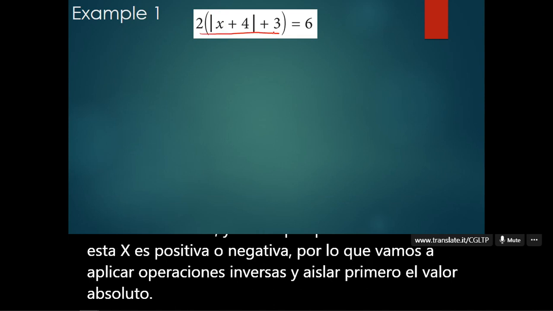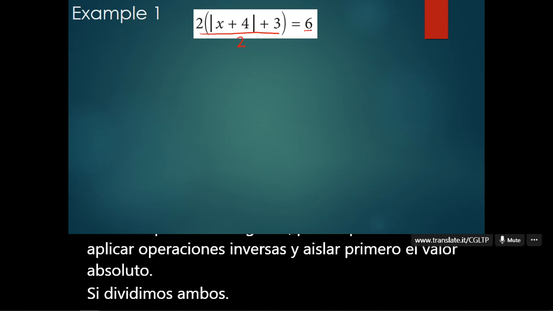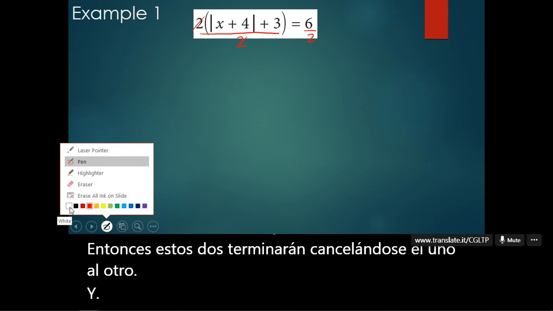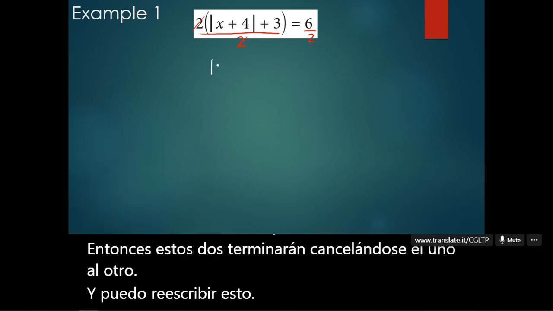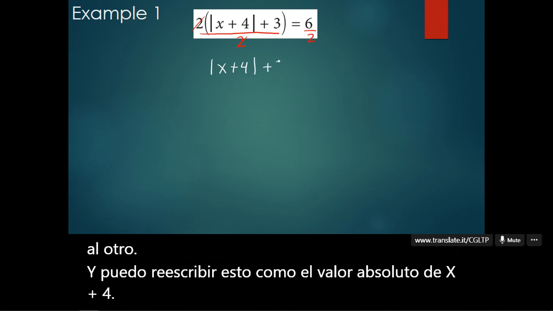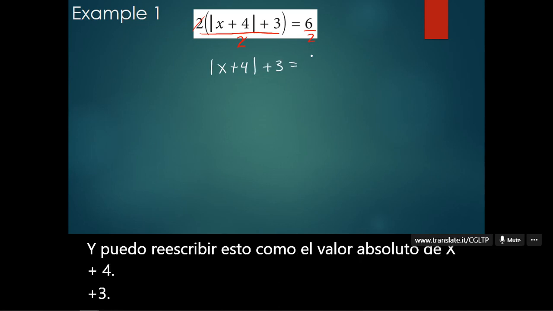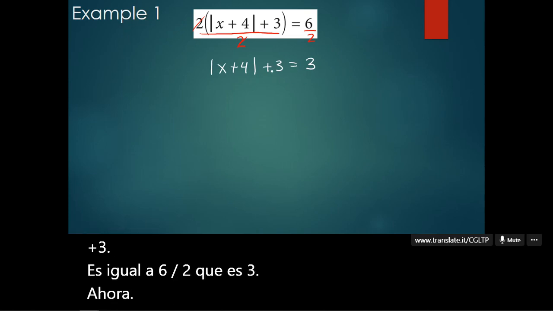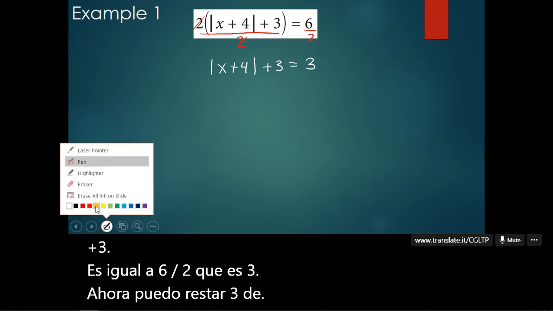If we divide both sides by 2, then these two will end up canceling each other. And I can rewrite this as the absolute value of x plus 4, plus 3 is equal to 6 over 2, which is 3. Now I can subtract 3 from both sides.